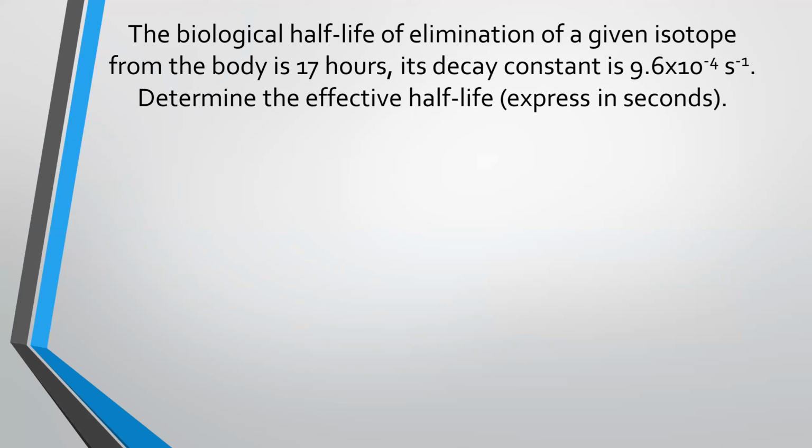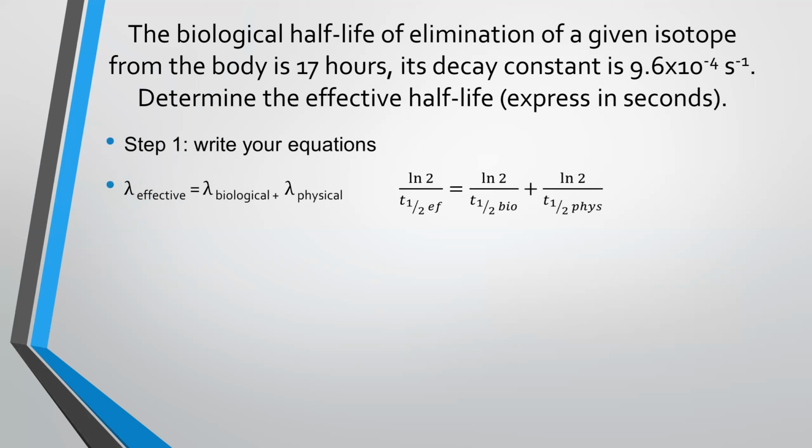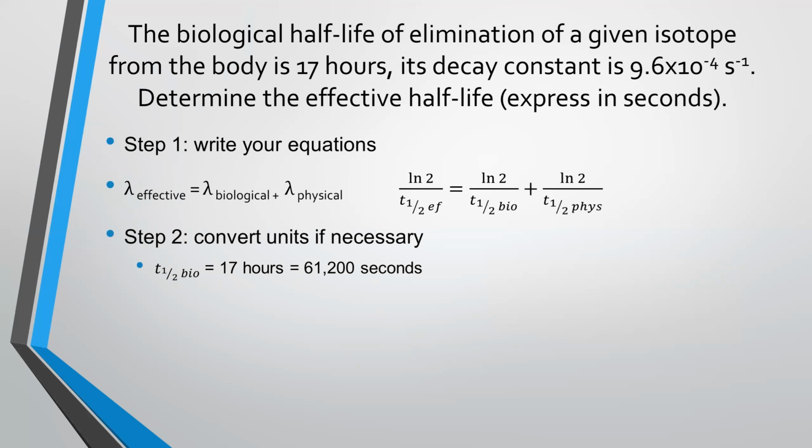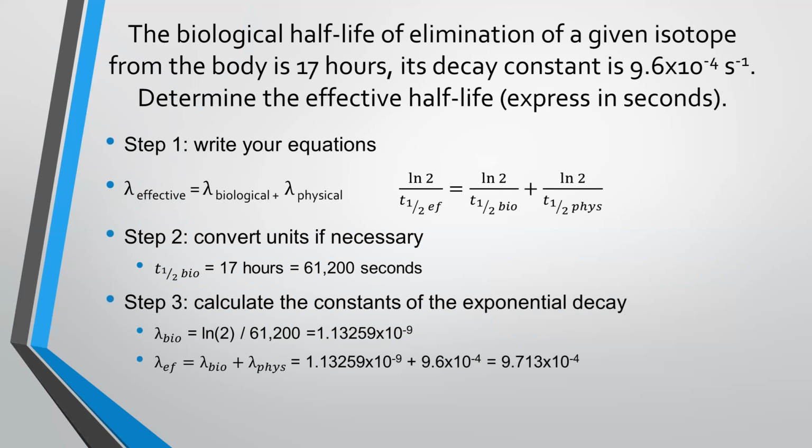Now here we have the biological half-life, so it would be easy to calculate gamma biological, and here we have the decay constant, which is in terms of physical. So here we got T half in seconds. We had to convert it into seconds because nothing is mentioned, and also the other decay constant is given in second to the power minus 1.